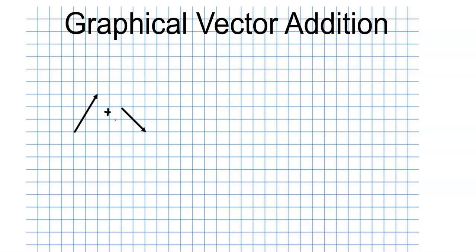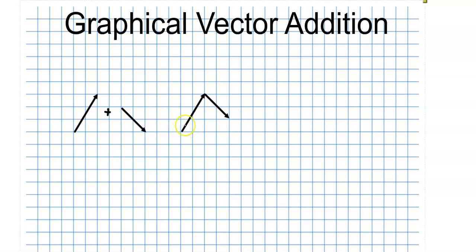So for example, if you're asked to add them together, then this is what you would do, or one of the ways you could do that. There we go. Alright, so you could add those together, and then basically you go head to tail.